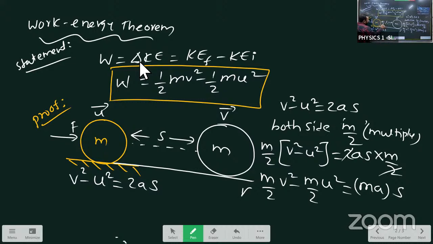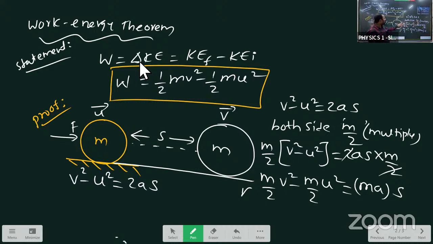So it travels some displacement s. Initially velocity u, finally velocity v, displacement s. F is the force, acceleration a. From the equation of motion, v square minus u square equals 2as.